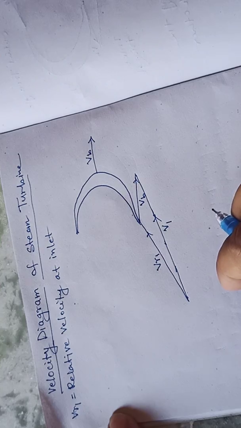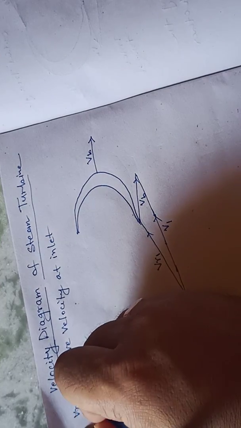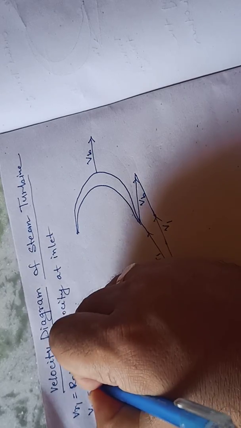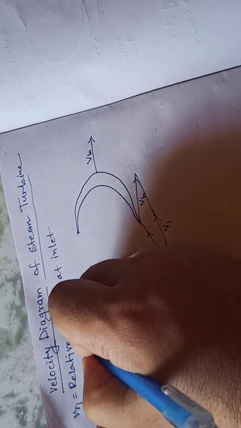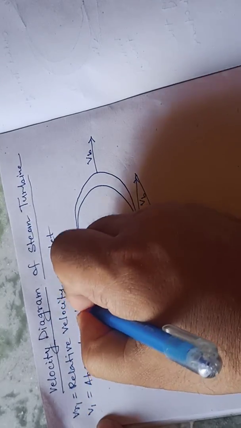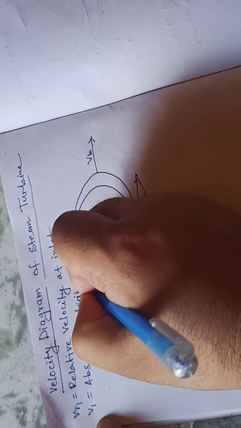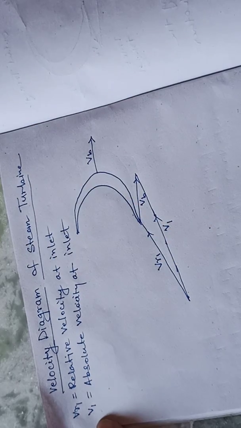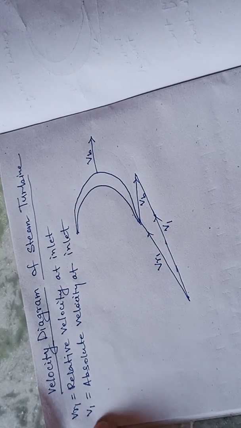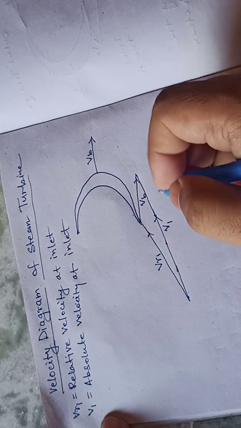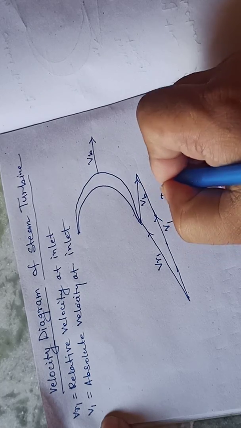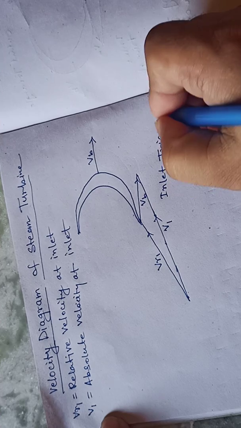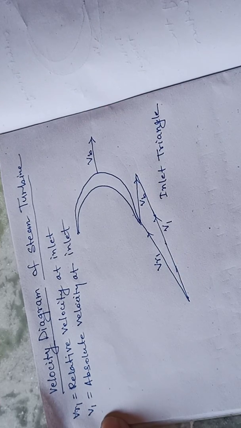This is the absolute velocity at inlet. Now this triangle is called the inlet triangle of the blade.